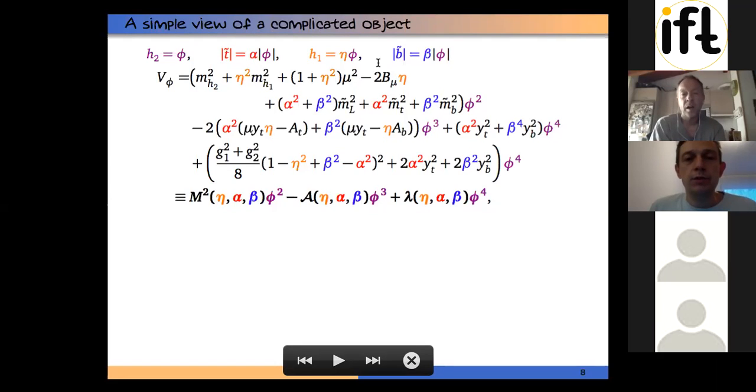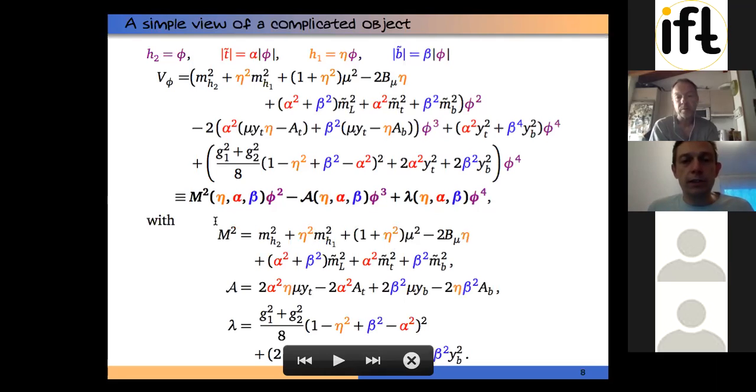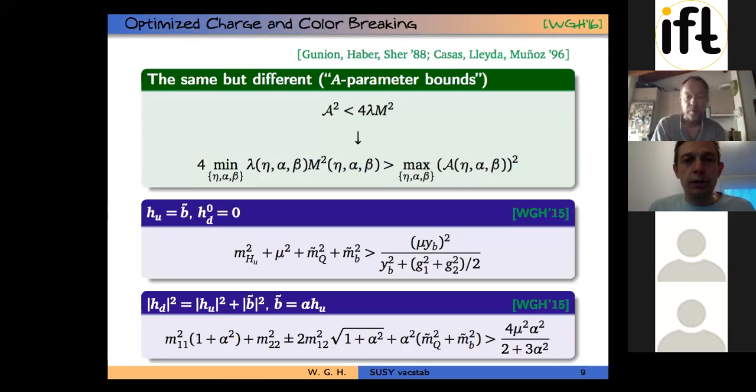The same is true for the down-type Higgs and of course for the bottom squark. At the end, you get again a potential that looks like a one field quartic potential. It has a mass term and a trilinear A term, a self-coupling term. However, these now depend somehow on the configurations among the field space.